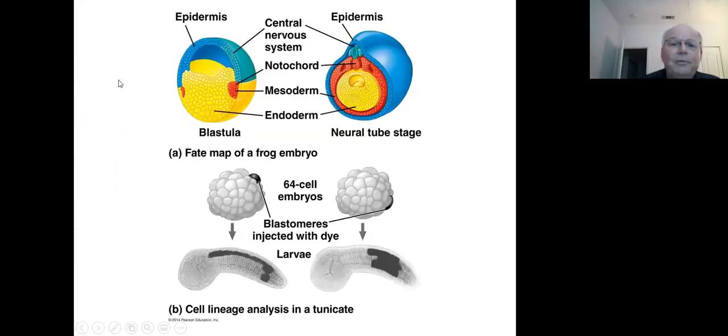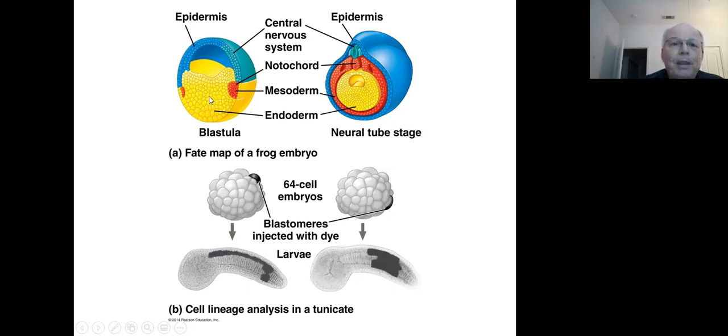So here is some of Spemann's early work replicated in another organism. So this is what we have shown previously in terms of color coding the tissue during early gastrulation, and where that tissue winds up early on in organogenesis. And you can see mesoderm located here in the early gastrula, forming the mesoderm layers here.